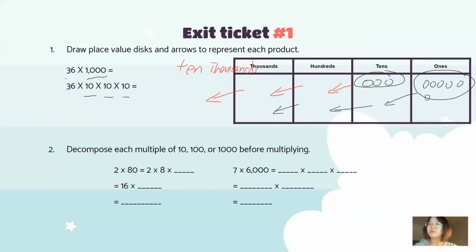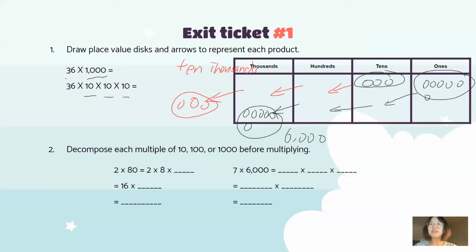Okay, so right here we have 3, and right here we have 1, 2, 3, 4, 5, 6. And what is 6 times 1000? That is 6,000.